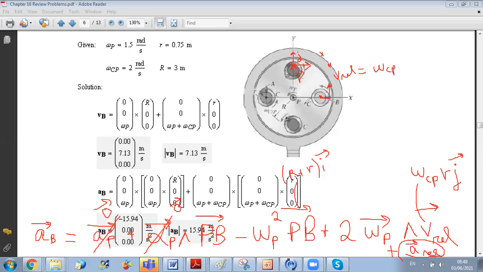It means if I stand on the plate I will measure omega CP. I will see that B is rotating about its axis with angular velocity omega CP and I see that this axis is fixed. Whereas if I stand outside I will see the total angular velocity. So V relative equals omega CP times the small r and it's along J.